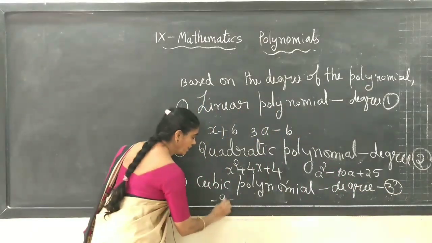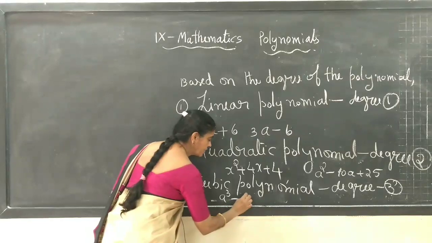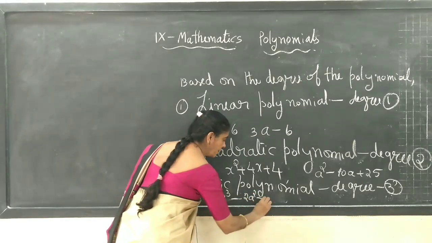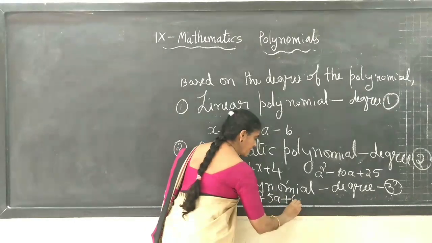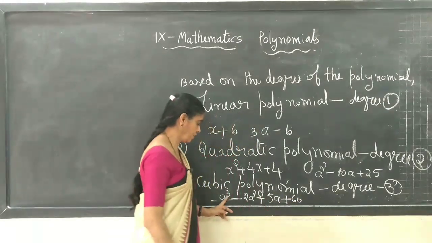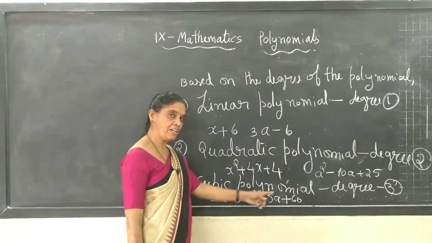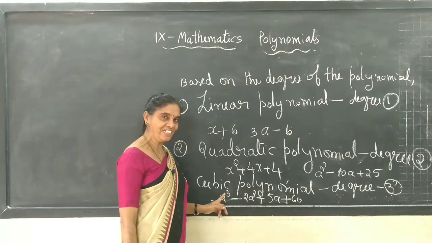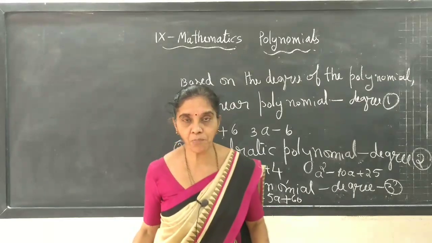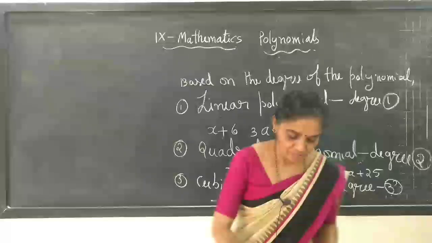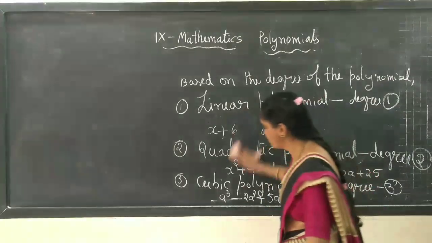Example, a cube minus 2a square plus 5a plus 60. Now, what is the degree of this polynomial? The highest power is 3, so the degree is 3. So if the degree is 3, then that polynomial is called a cubic polynomial.